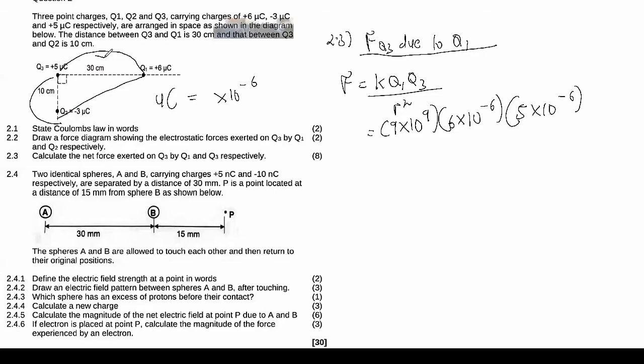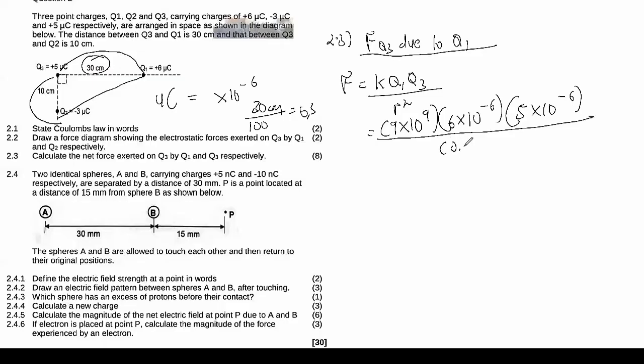But then look at this. We are given our distance in terms of centimeters. So what is it that we should do first? We should say 30 centimeters divided by 100 so that we convert this distance into meters, right? So if we divide 30 by that, it's going to give us 0.3, right? So we want to substitute it here.